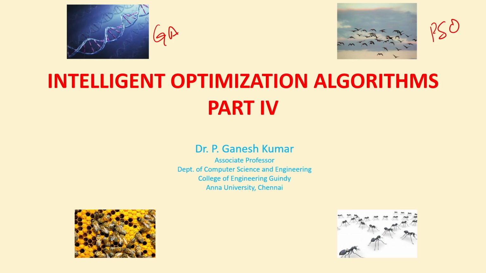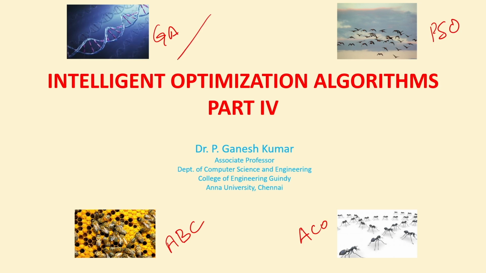And in this session we are going to deal with two algorithms: one is the artificial bee colony algorithm, another one is the ant colony optimization algorithm, and these two algorithms again fall under the category of Swarm Intelligence.